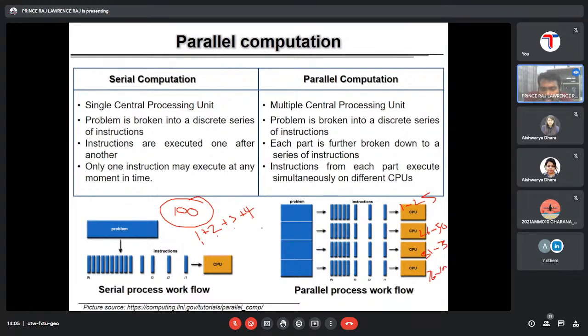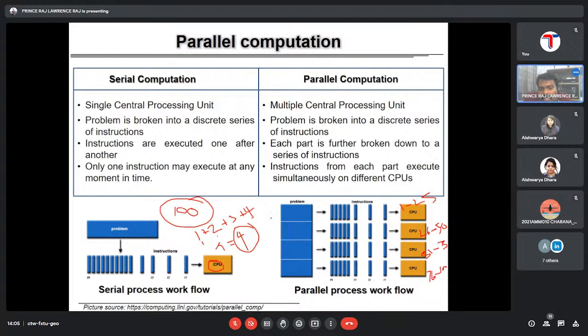If you calculate the time, consider that in order to add 100 numbers, a single CPU takes 4 seconds. Now, if you think carefully, each job is reduced to one fourth, so automatically the time must also be reduced to one fourth, because all these processes will run simultaneously.